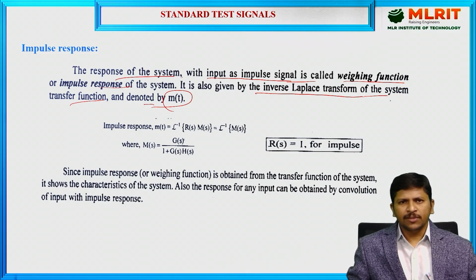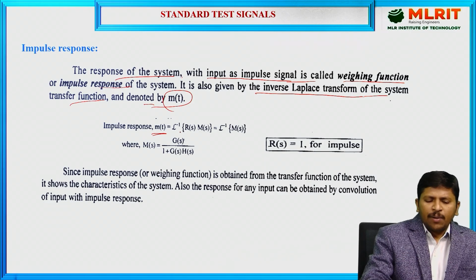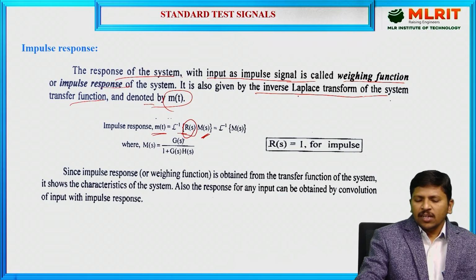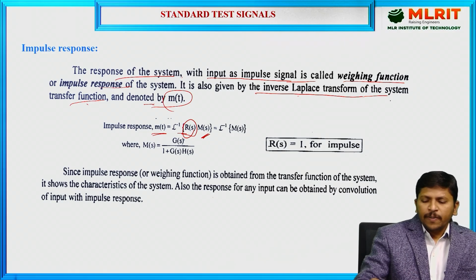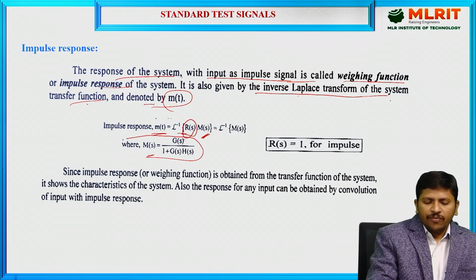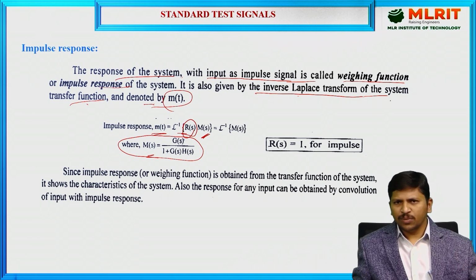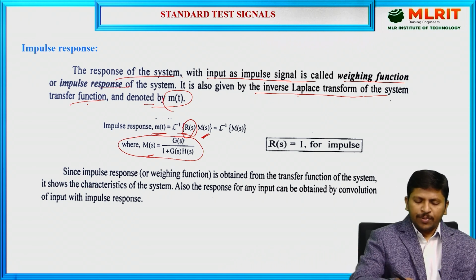Here, observe the impulse response: m of t equals the inverse Laplace of the input signal into the transfer function. Here M of s equals G of s divided by 1 plus G of s into H of s. We considered this in the previous lecture.